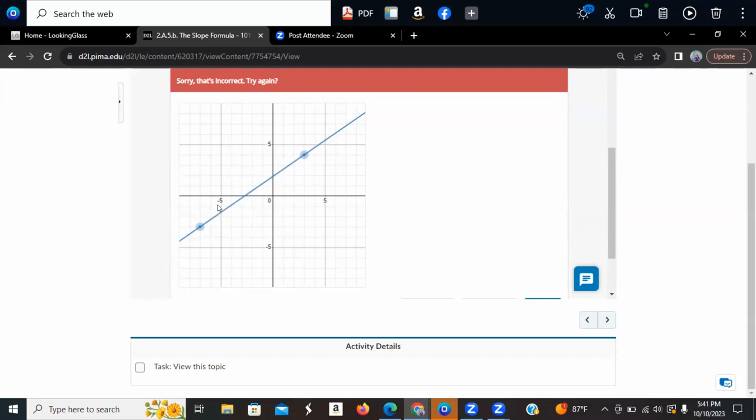You've got to start at the point. Go up 2, but don't move it. Right 1. There you go.